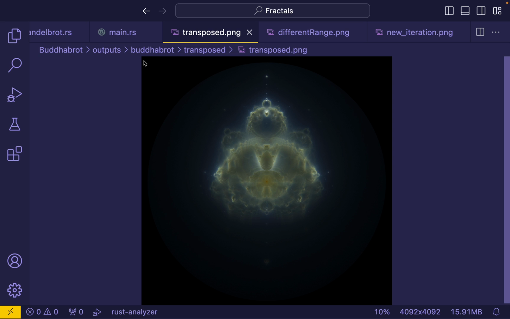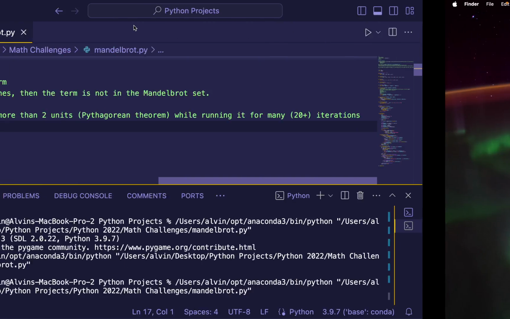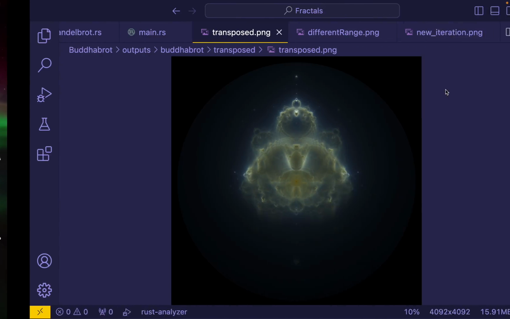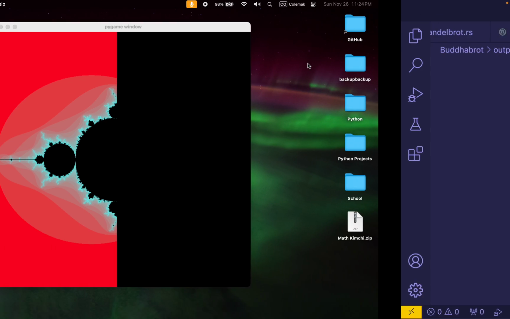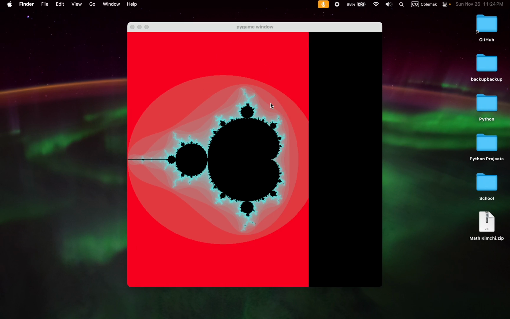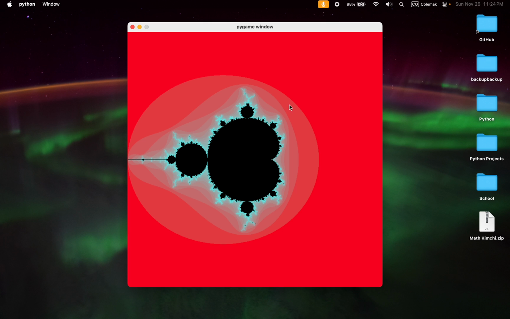So all of these values are going to start off at 0, and then we choose a random point inside of the circle of radius 2. So let's say I chose this point. Well, this isn't very interesting because it leaves instantly. So let's choose this point.